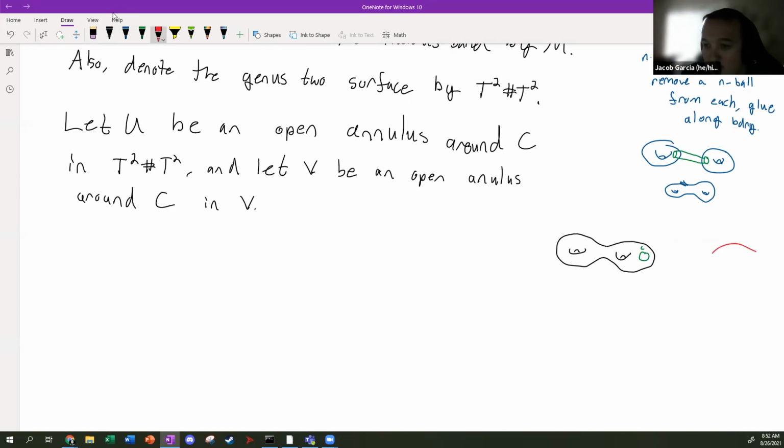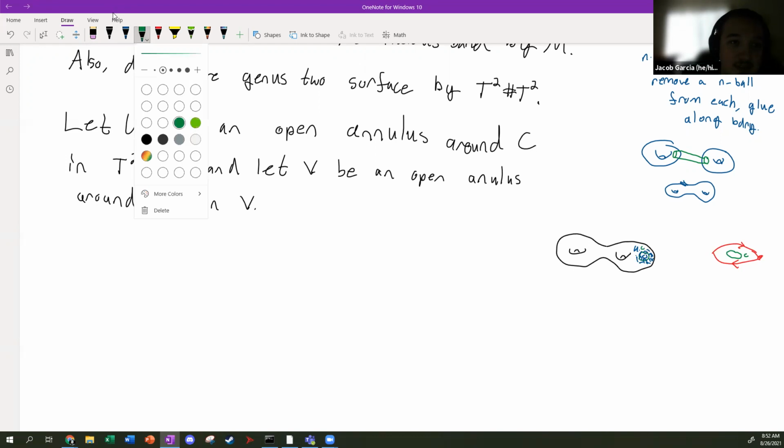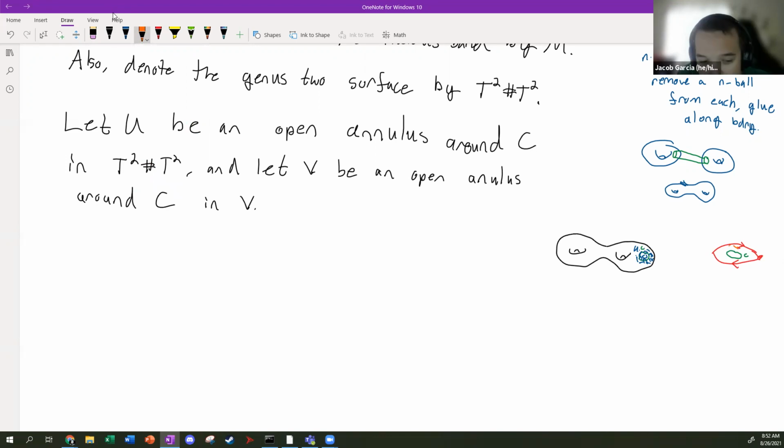And I have my Mobius band, which I'm drawing like this, and I have the curve C that I'm identifying in the Mobius band. So U is going to be an open annulus around C in the surface. So this here is U. And V, using even another color, is going to be an open annulus around C in the Mobius band. So that's V.